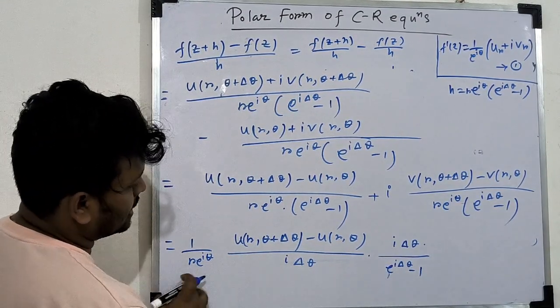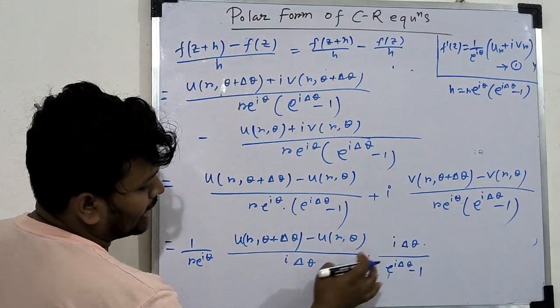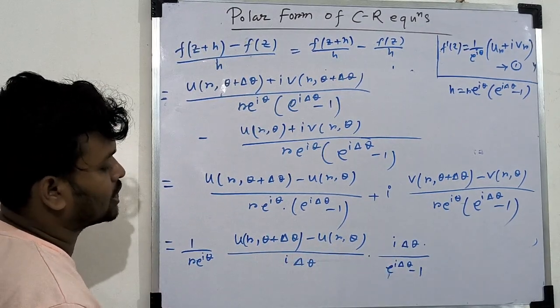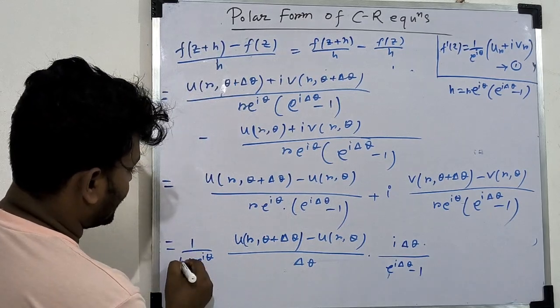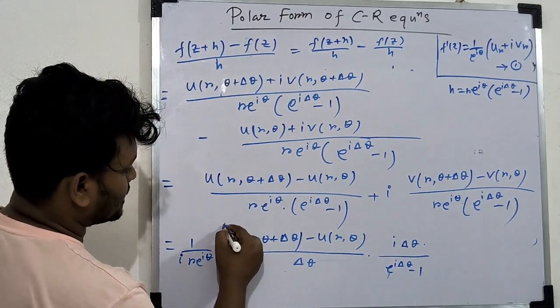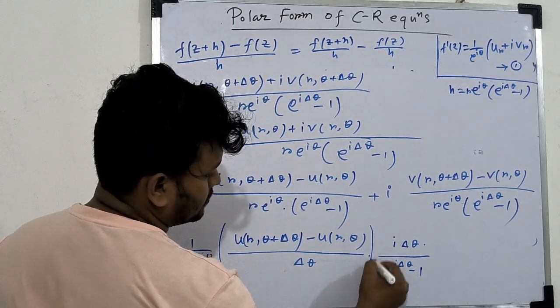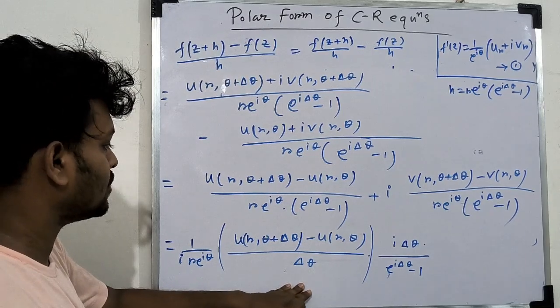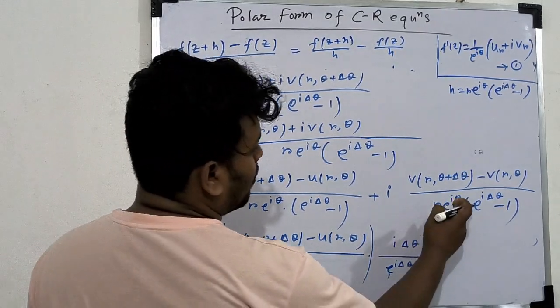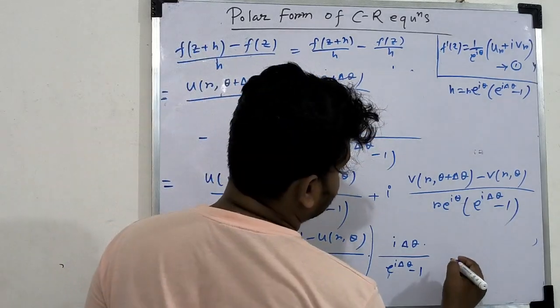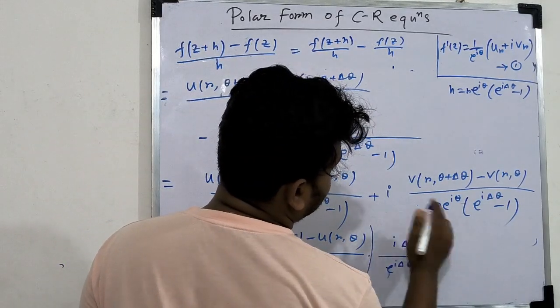So these are here, but this we write for the differentiation of u with respect to θ. So this i you can write here. Therefore this is the term which will give you u_θ, the partial derivative of u with respect to θ. So from this also we get this plus, that is i.